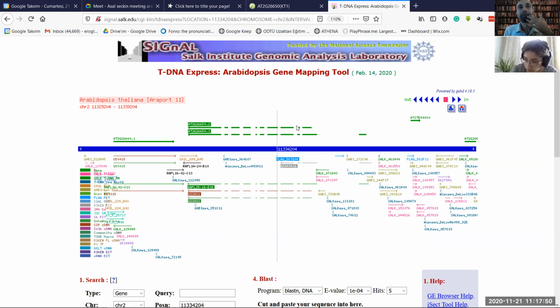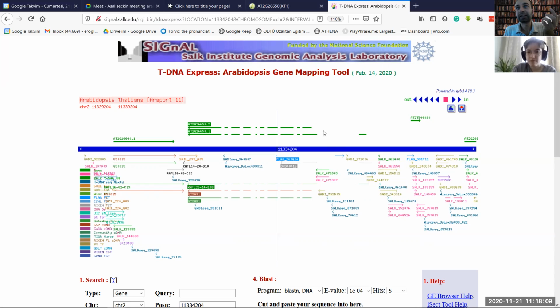And another possibility, I think there must be a promoter of this gene somewhere here, but right now I'm not exactly sure. It looks a bit strange to me. I don't understand how there is such a big intron here. Maybe it's a mistake, I don't know.